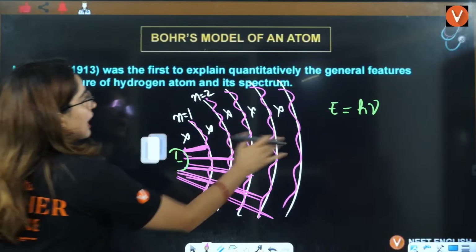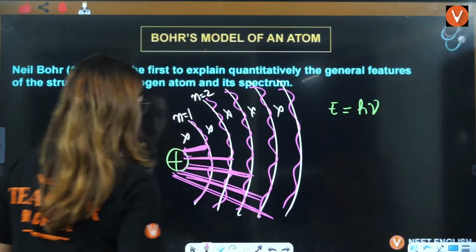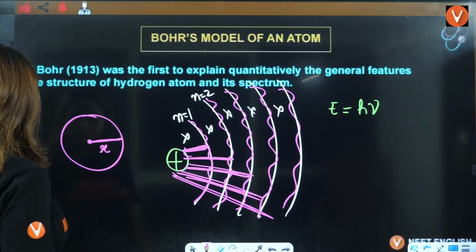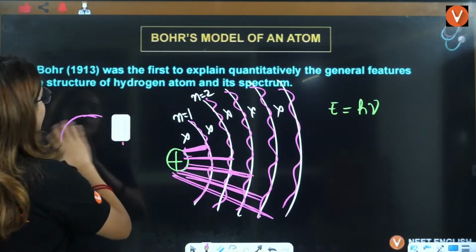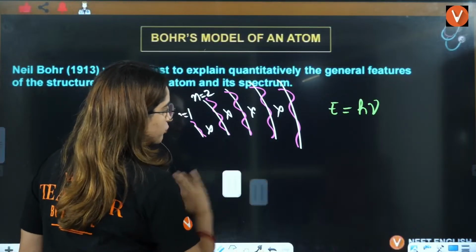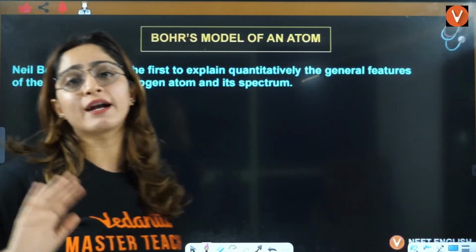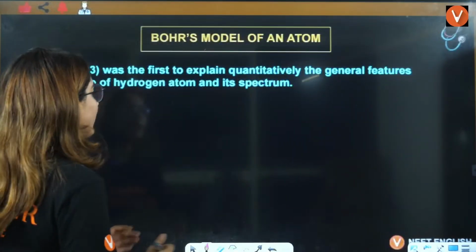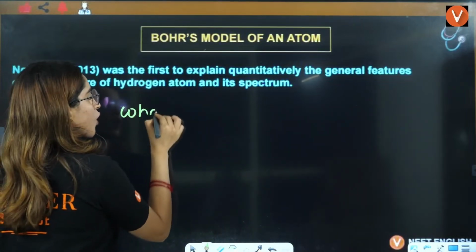Now, let's talk about the next thing, let's not erase this. I'll just copy paste this. Now, tell me one thing. If you talk about the Bohr model, this is not applied to every atom. This is only applied to what kind of species?